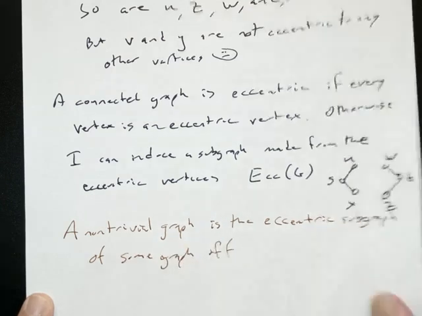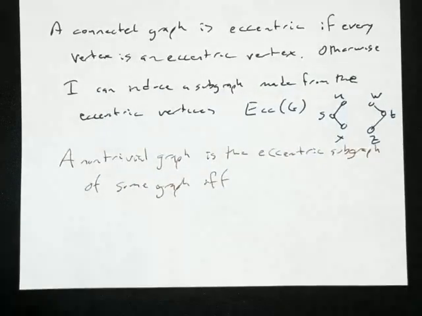What was the condition on the periphery? That was the definition. But I said we could know that some subgraph was the periphery of something else if there was a condition. Exactly.